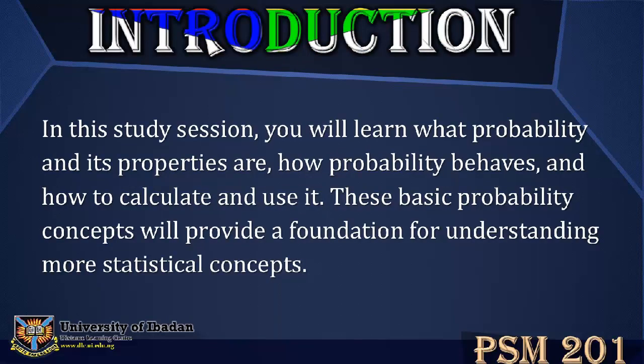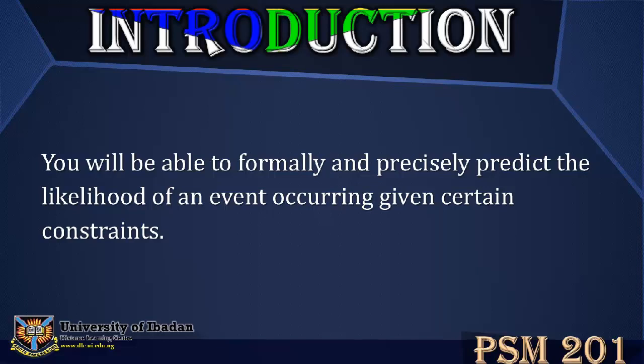In this study section, you will learn what probability and its properties are, how probability behaves, and how to calculate and use it. This basic probability concept will provide a foundation for understanding more statistical concepts. You probably already intuitively use concepts from probability, knowingly or unknowingly.